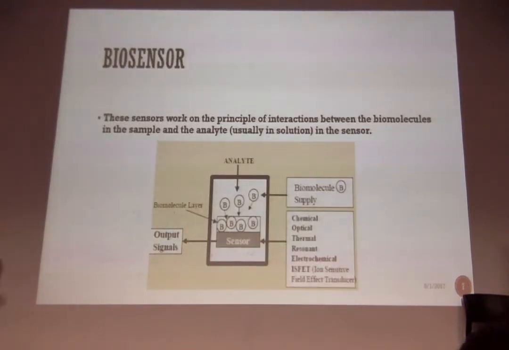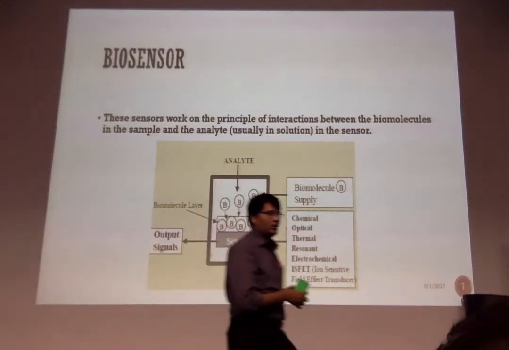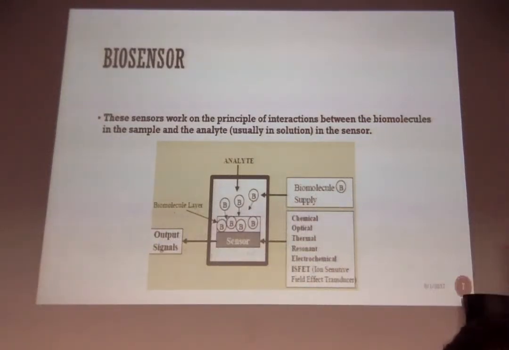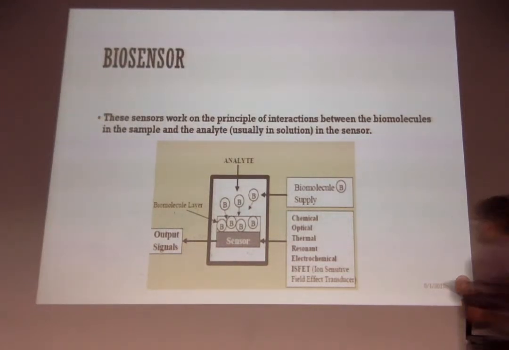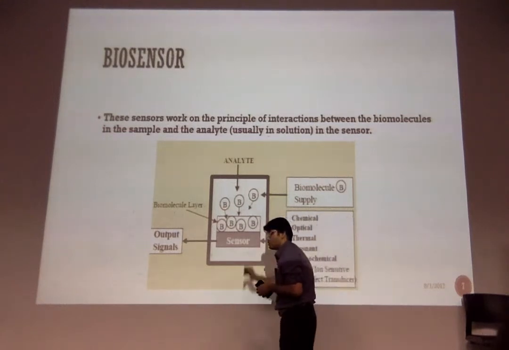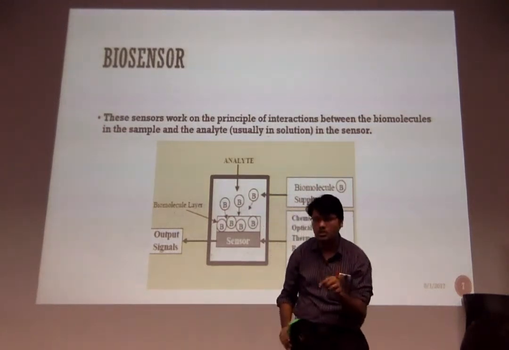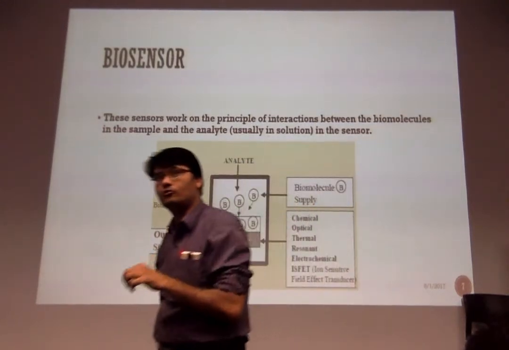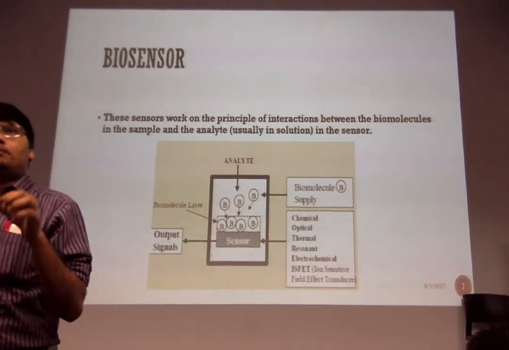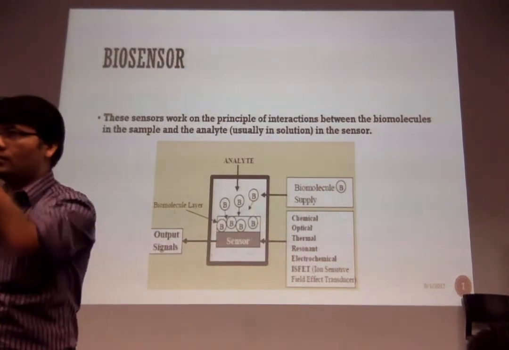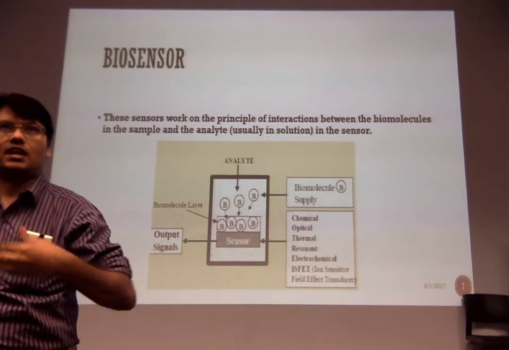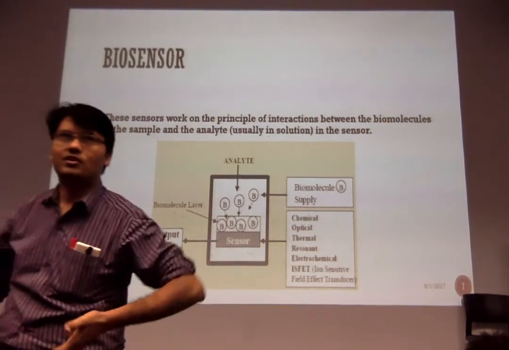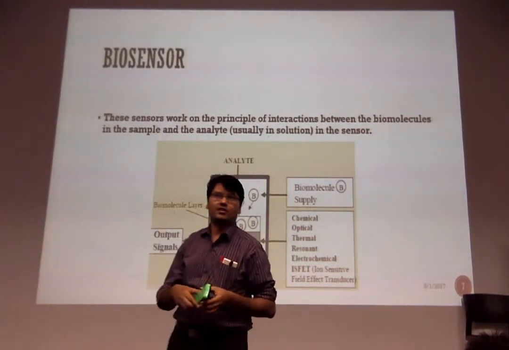So the next one I'm going to talk about is a biosensor. A biosensor is a kind where we have some sort of base sensor, but a sensing medium is used here, which is a biomolecule. When I say biomolecule, as some student answered the other day, it could be an enzyme. Enzymes are a lot of help for us.